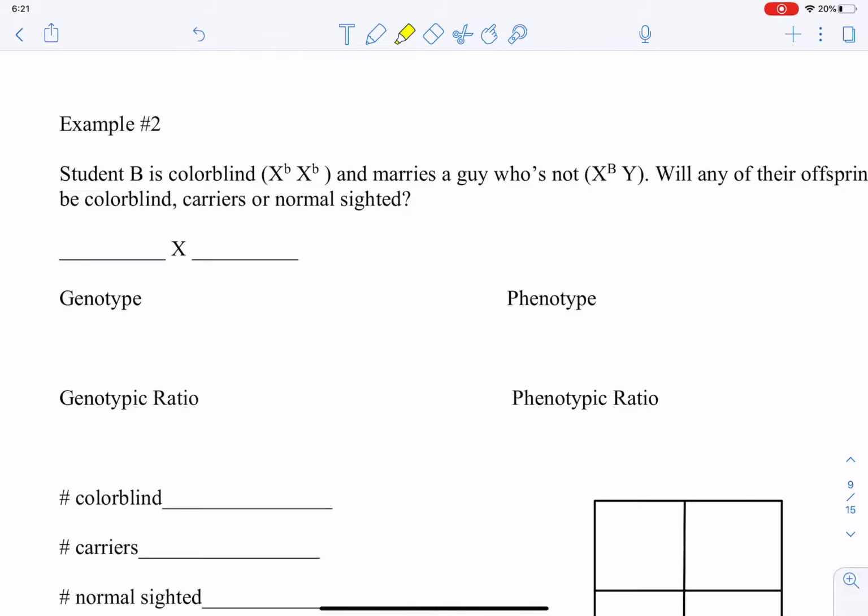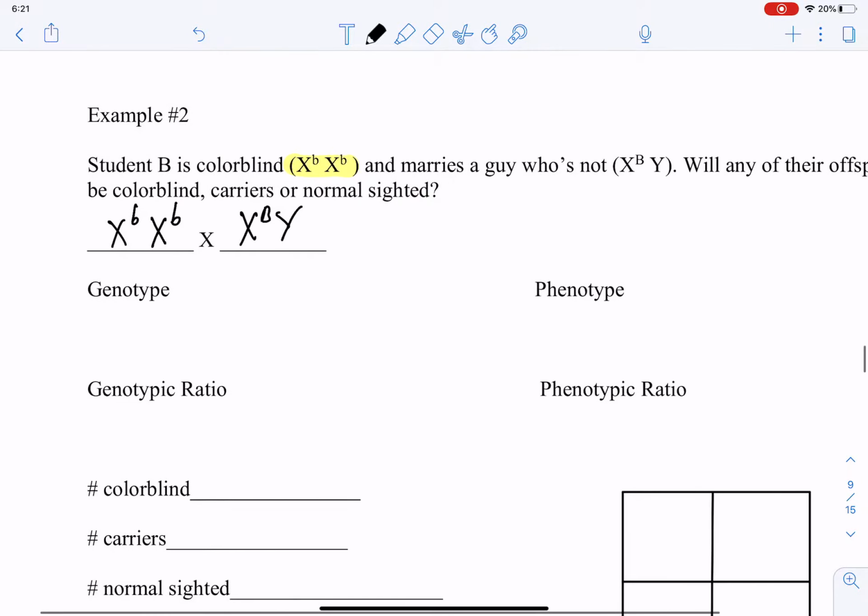Student B, a female, is colorblind. So X big B, X big B. I can just go write that in here. And marries a guy who's not. X big B, Y. Will any of their offspring be colorblind, carriers, or normal sighted?